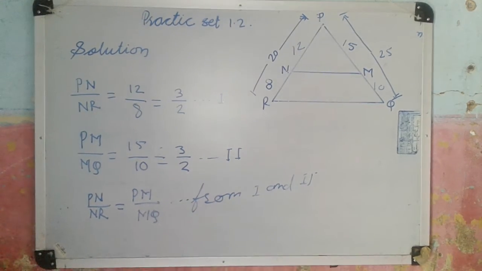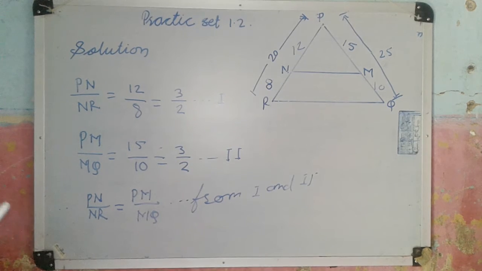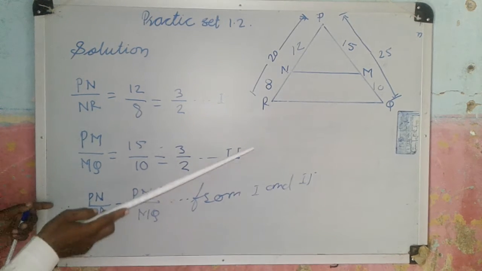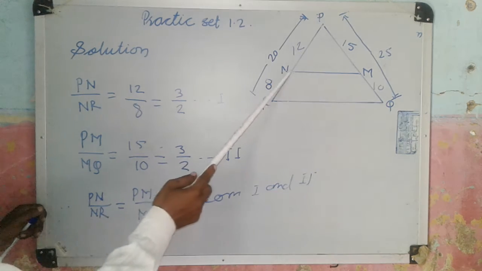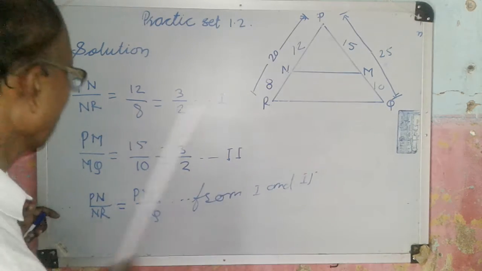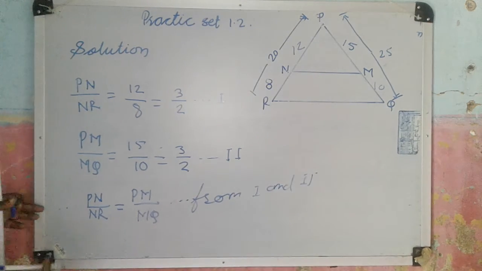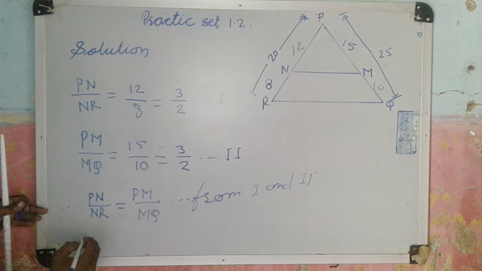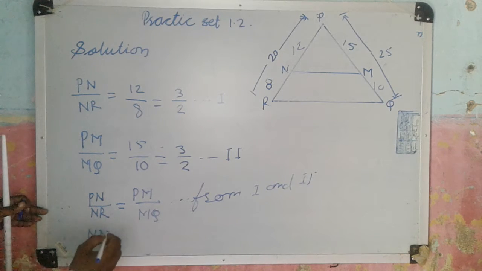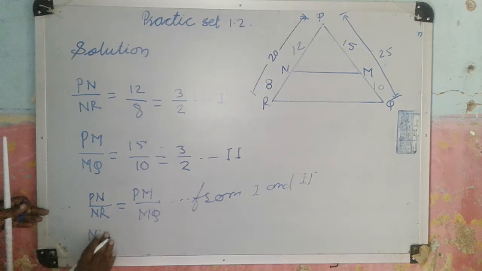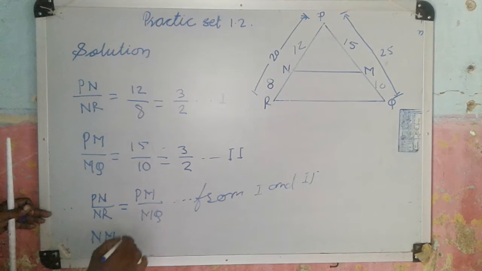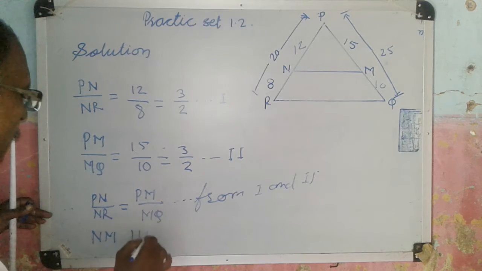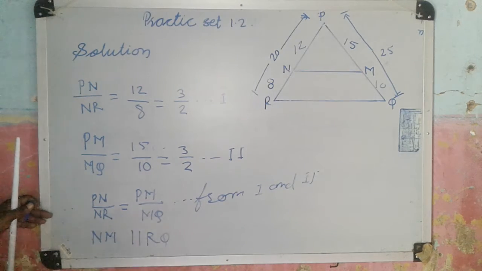And therefore, according to the converse of basic proportionality theorem, if these two ratios are equal, then this line MN is parallel to RQ. So, therefore, MN or NM parallel to RQ.